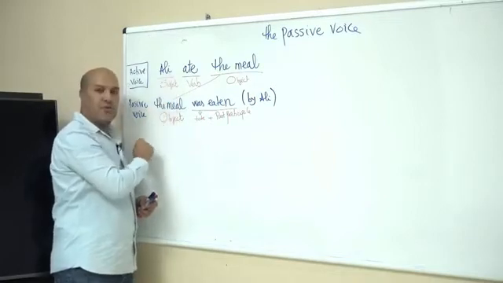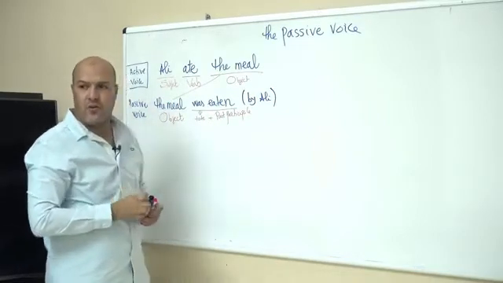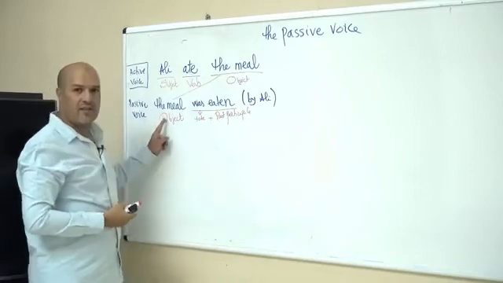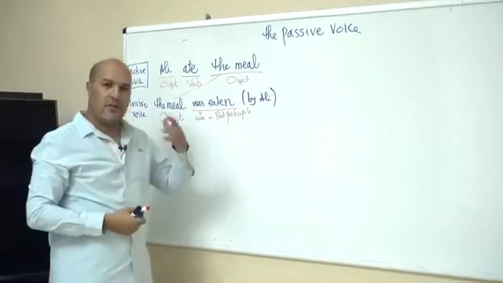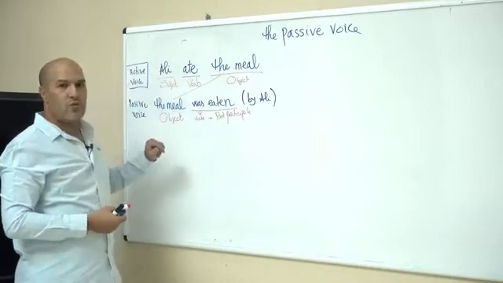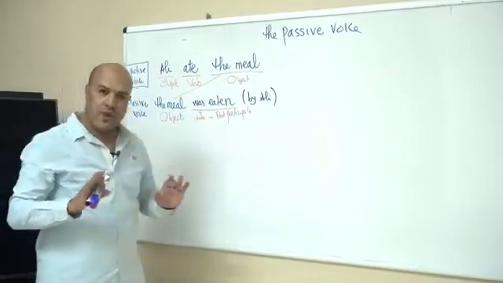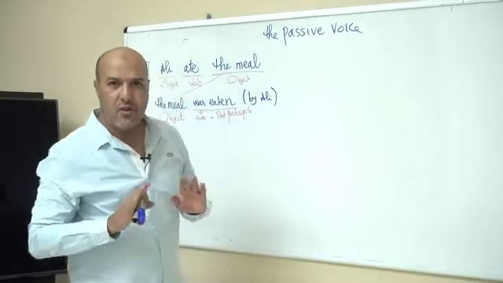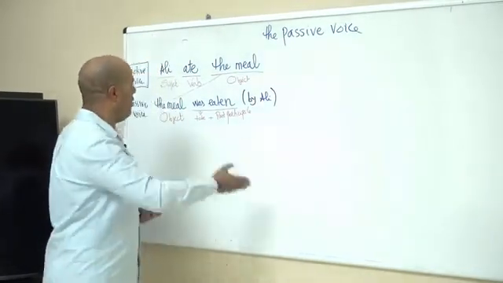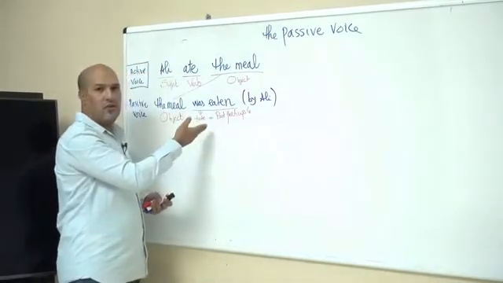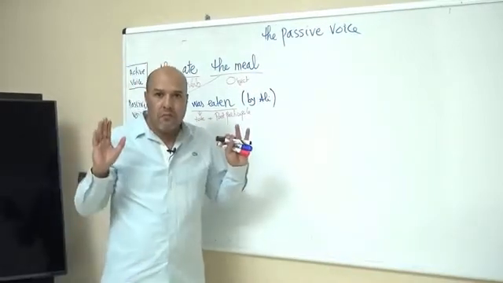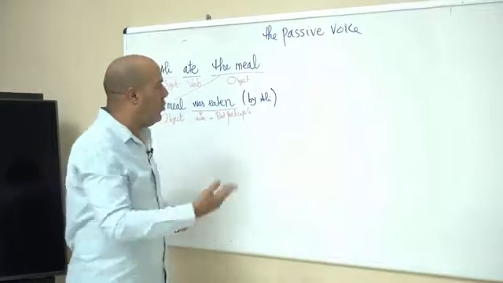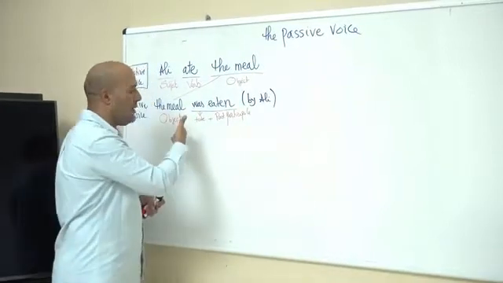So here we use the passive voice first when we want to emphasize the object, or we use the passive voice when we don't know the subject, we don't know the doer. Imagine that we just found the meal eaten, we don't know who ate it. So we say the meal was eaten because we don't know who did the action. In that case, you use the passive voice.